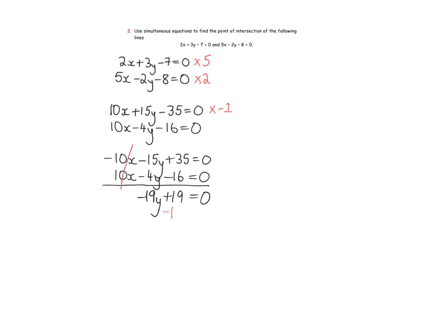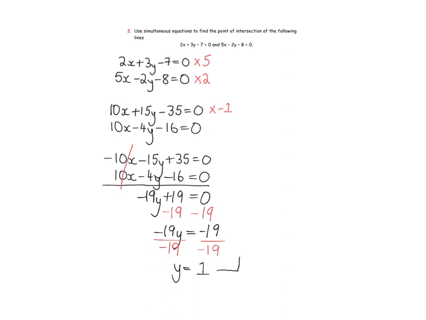Then we can take 19 from both sides to get the y on one side and the number on the other. So we get minus 19y is equal to minus 19. Divide both sides by minus 19 to get what y is by itself. And we'll be left with y is equal to 1.